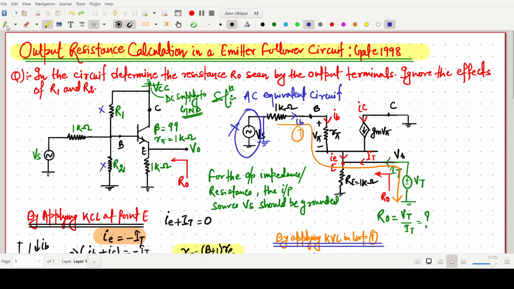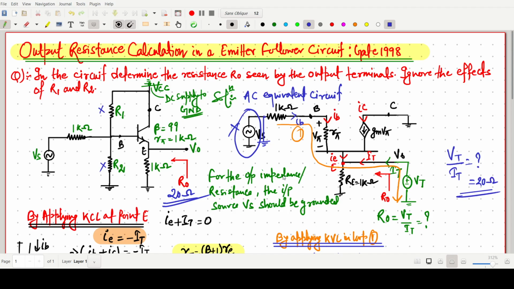We are just neglecting this Vs for the output impedance. We are just writing KCL, Kirchhoff's current law at the emitter point, and applying KVL. Then we have to find Vt by It for the output impedance. So the final one will be 20 ohm.